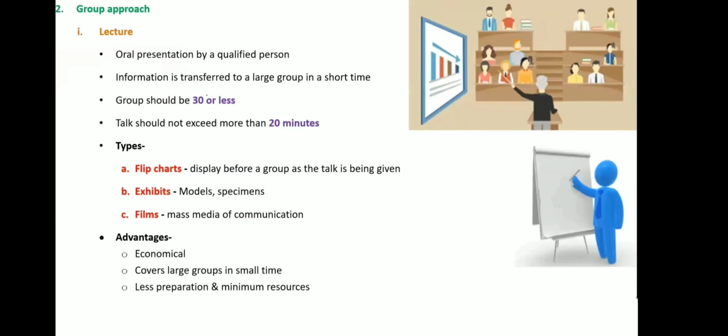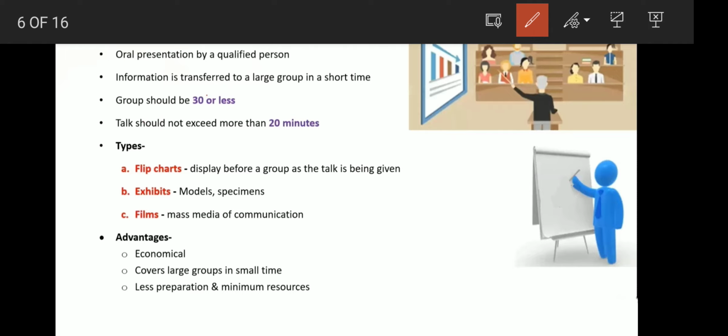So this was all about the lecture method, where chalk and talk, where the additional audiovisual aids were used, like flip charts, exhibits, films, and flannel graph. What are the advantages we saw? It's economical, and it is very cheap. It covers large groups in a small time, like we saw in the lecture method. The large group will be covered in just 1 hour.